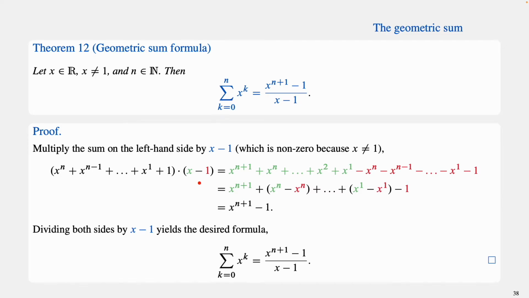And now we only have to divide by x minus 1 on both sides, and we get the desired formula. So this sum here, written with a summation sign, equals this divided by x minus 1. And we're done.